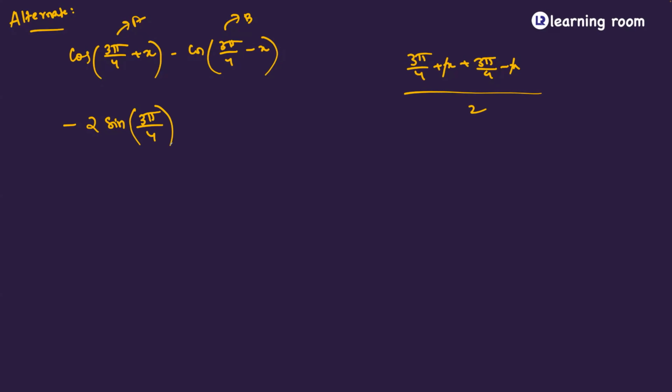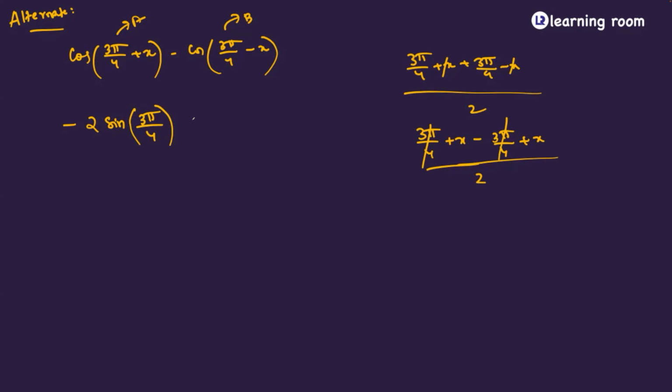Makes sense? Similarly, (A minus B) by 2. So 3 pi by 4 plus x minus 3 pi by 4 plus x. Why did I put a plus here? Minus of minus will become plus. So 3 pi by 4 and 3 pi by 4 are gone. This whole thing divided by 2 is there. So 2x by 2 is again going to be x.